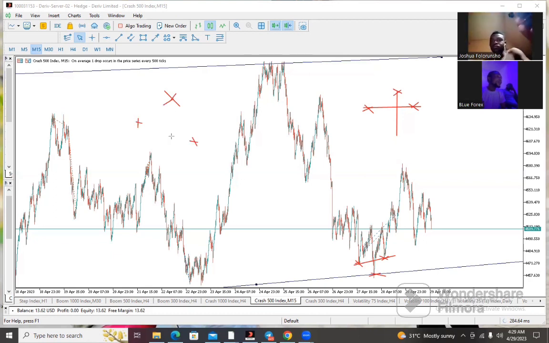For me, I call it a slided head and shoulder. Not every day you are going to get it in line. Sometimes the head and the shoulder wouldn't be on the same line. It will be slided.